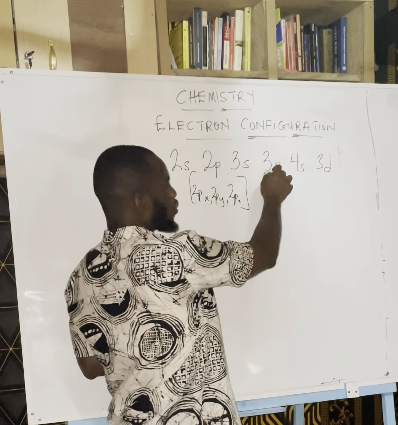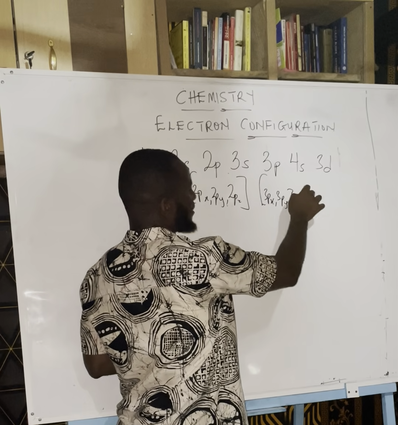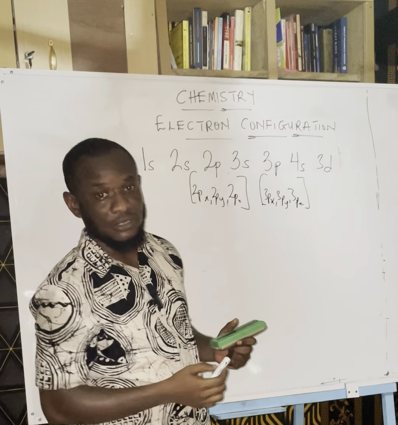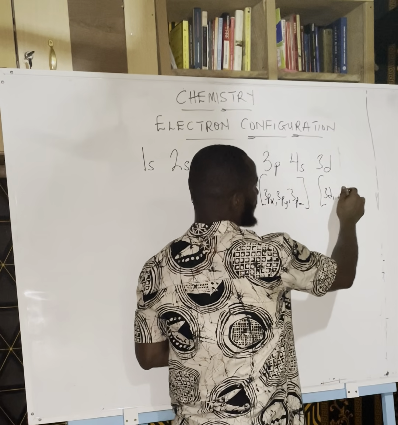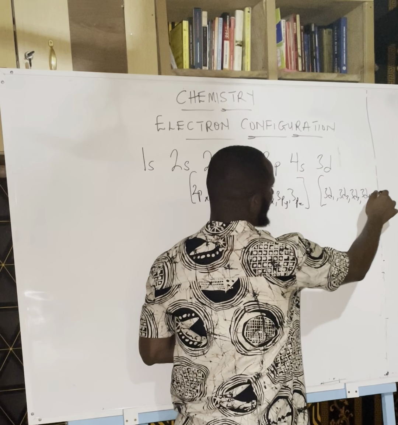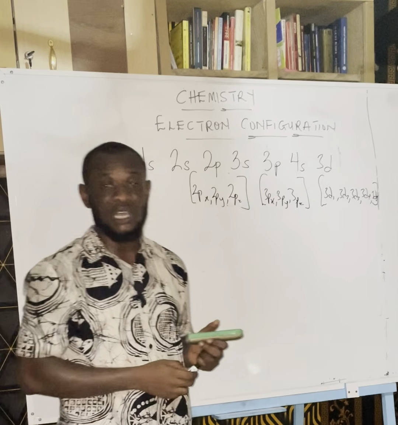The 3p also comprises 3px, 3py, and 3pz. The 3d also comprises five orbitals: 3d1, 3d2, 3d3, 3d4, and 3d5. So we call these the degenerate orbitals.